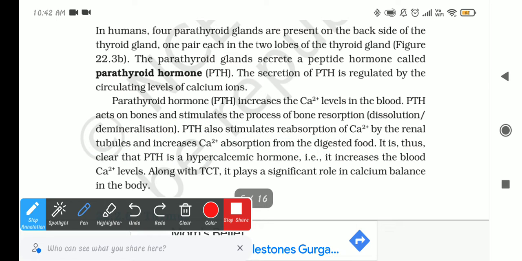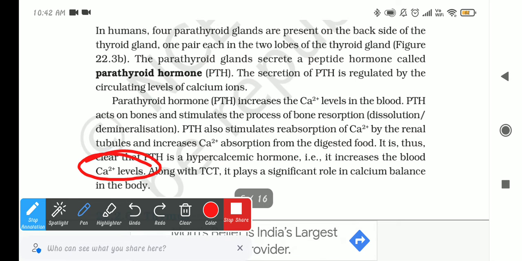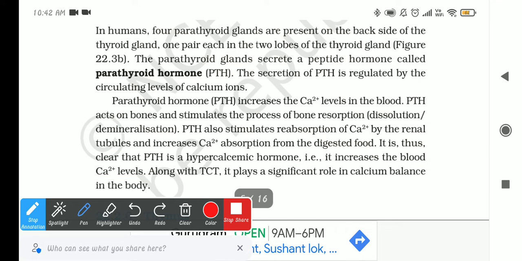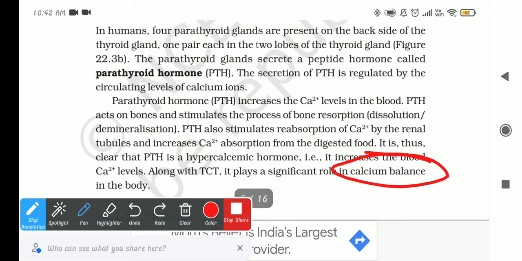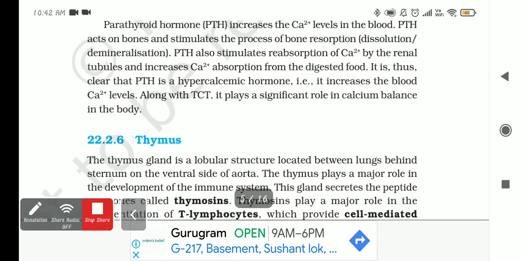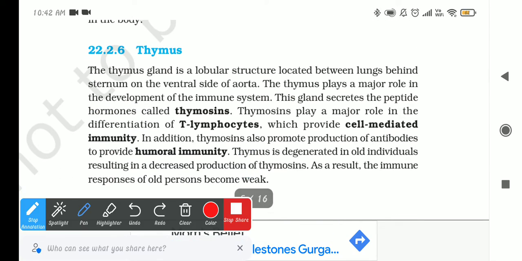So PTH is a hypercalcemic hormone because it helps increase the level of calcium in our blood. Along with TCT, it plays a significant role in the calcium balance in the body. It works for the balance of calcium and to increase it, therefore it is called a hypercalcemic hormone.